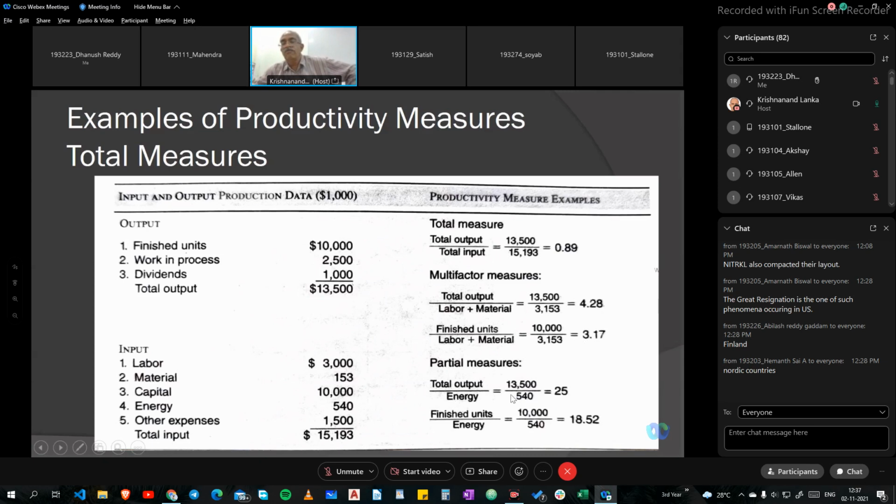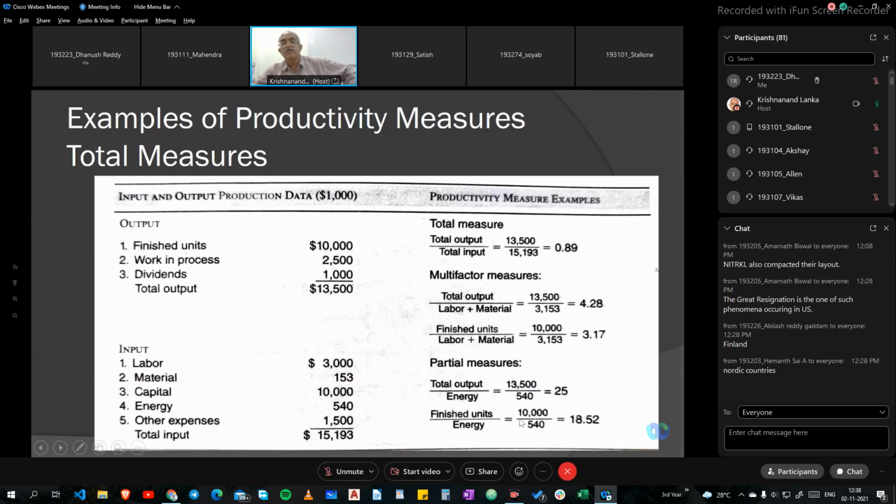So for every $1 of energy expenditure, he is getting $25 worth of output. For $1 expenditure on energy, he is getting $25 worth of goods. Are you getting it?